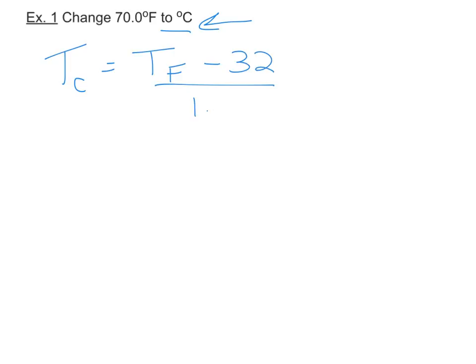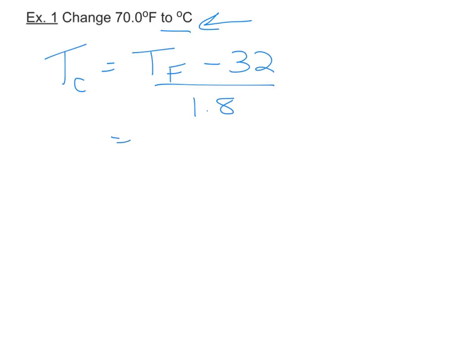So if we want to look at an example of how to change from one temperature type to another, we can look at this example where we want to change 70 degrees Fahrenheit to Celsius. So it wants us to change to Celsius degrees, so the temperature formula that we're going to use is the temperature Celsius one, and we know from our first slide that the Celsius temperature is equal to the Fahrenheit minus 32 divided by 1.8.